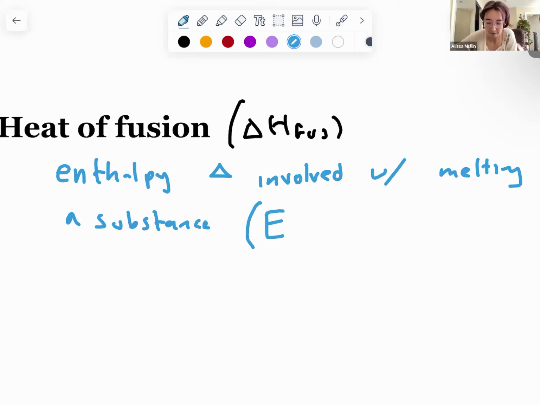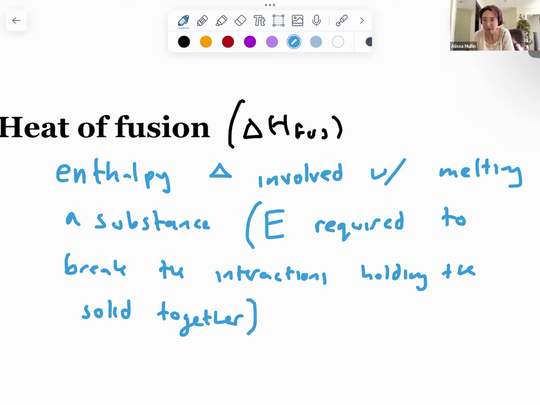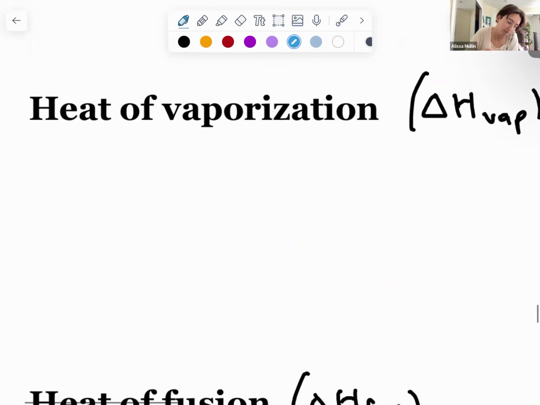So basically it's the energy required to break the interactions holding the solid together. Usually going to be IMFs for us. Versus vaporization, same concept, but we're talking about boiling.